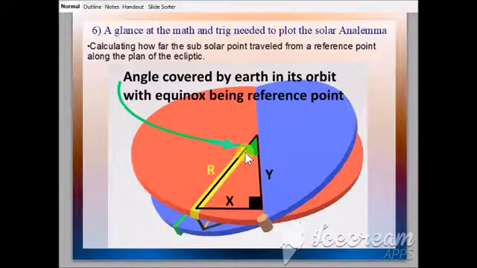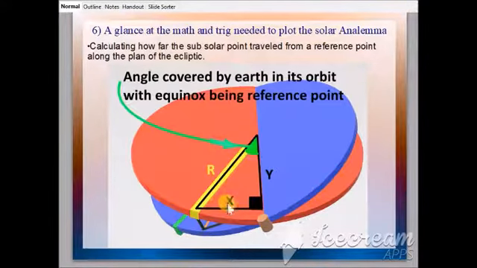Now we start to project some triangles and solve them. So for this triangle here, we have the angle, we have this r, just any arbitrary number, and if we get this r, then we have the y, and we have the x. So why do we need this?